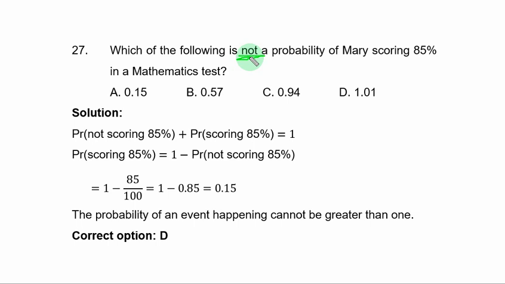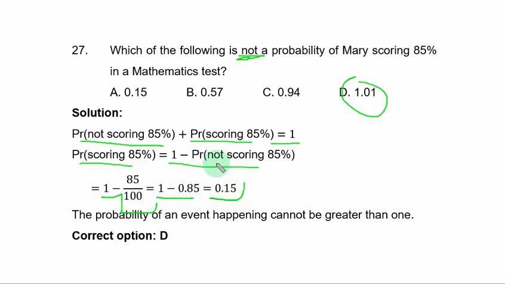Anything above that is not acceptable, so you have 1.01. You can as well show that by solving it. Probability of not scoring 85 and scoring 85 is equal to 1. So let's get for scoring 85, that is 1 minus not scoring 85. So you have 1 minus 85 over 100, that is 1 minus 0.85, and you have 0.15.